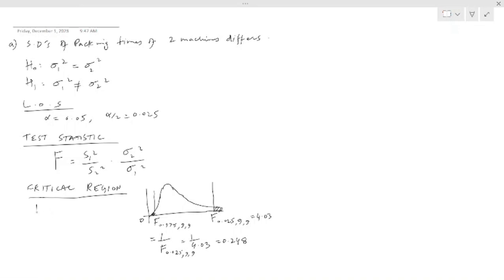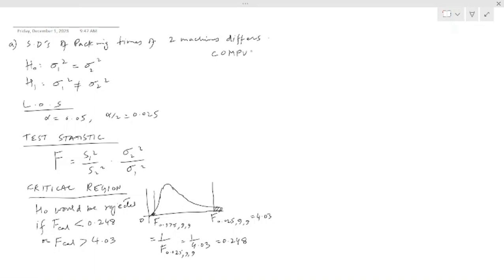So H naught would be rejected if F calculated is either less than 0.248 or it is greater than 4.03.